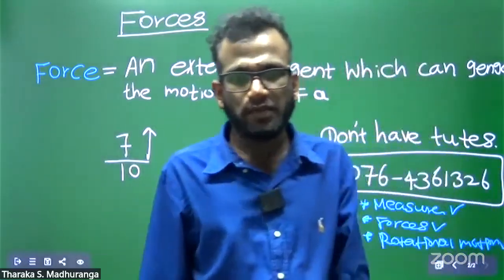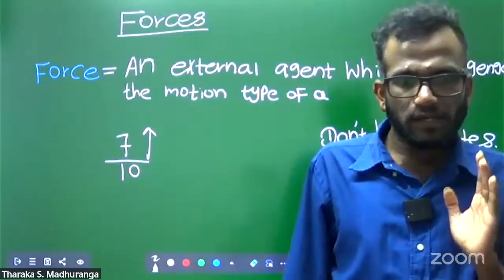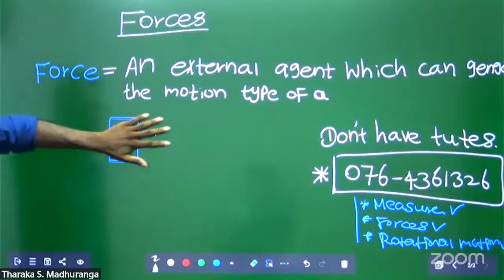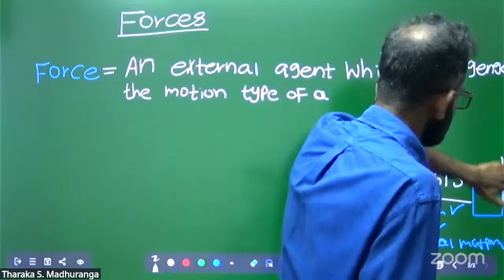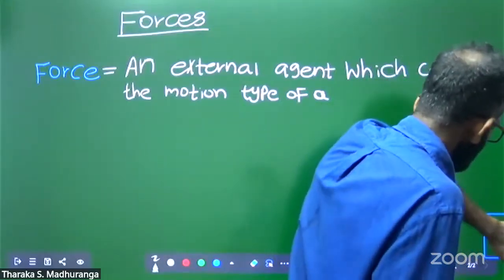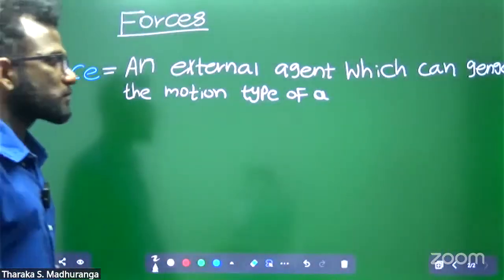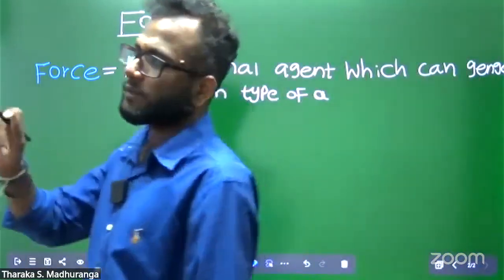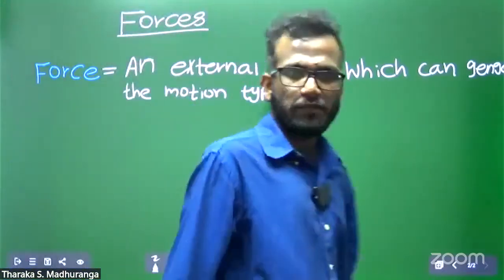But you can ask our 2025 students. In our class, we have done each lesson perfectly. You can ask our 2025 students. I think you already know the 2024 result.